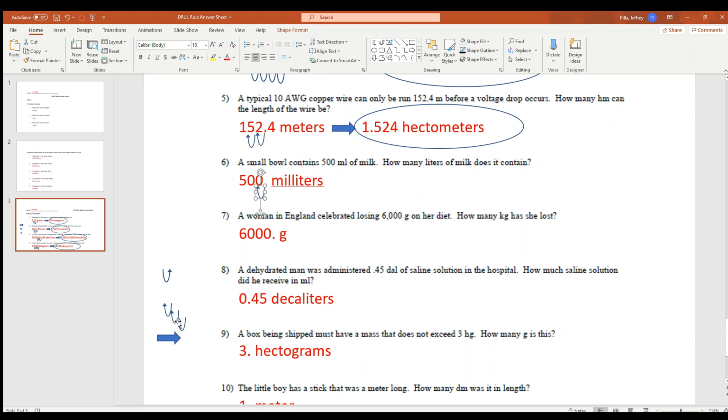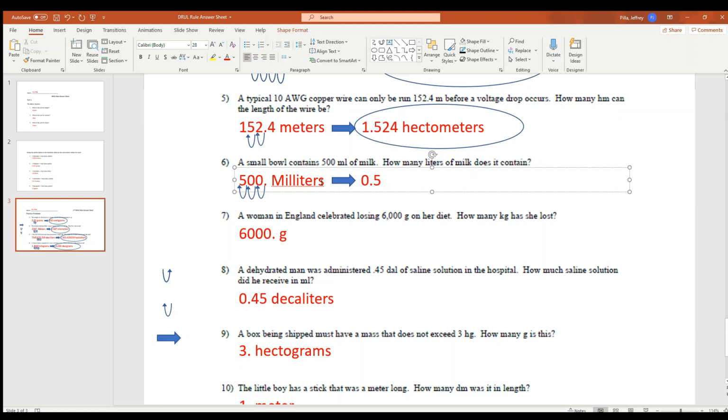We go 1, 2, 3 times. All right? And we come up with a final answer of 0.5. Now, here's something that has not come up yet. If you have a number that by the time it's said and done, you have zeros that come after a decimal point.